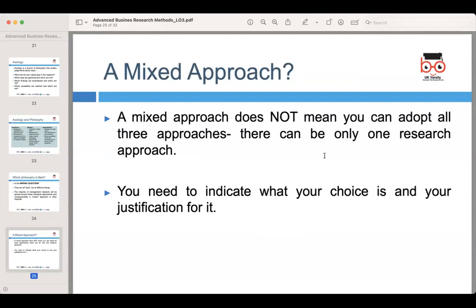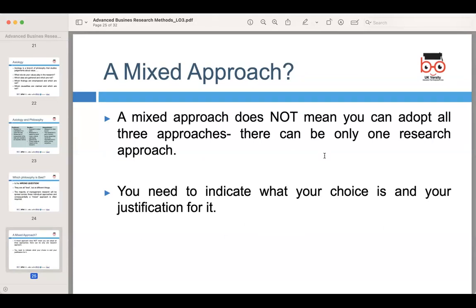So here we will talk about the mixed approach, and why it doesn't mean you can adopt all three approaches at once. First, it is important to understand that when we talk about research approaches, we generally refer to three main types: quantitative, qualitative, and mixed methods.